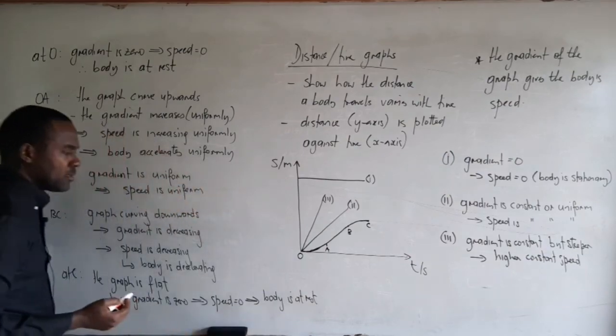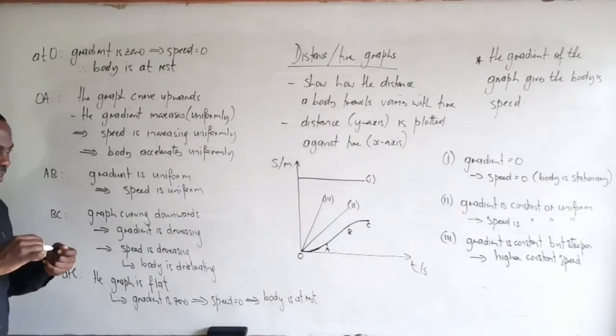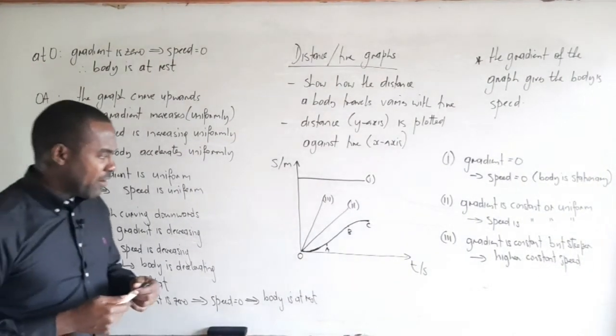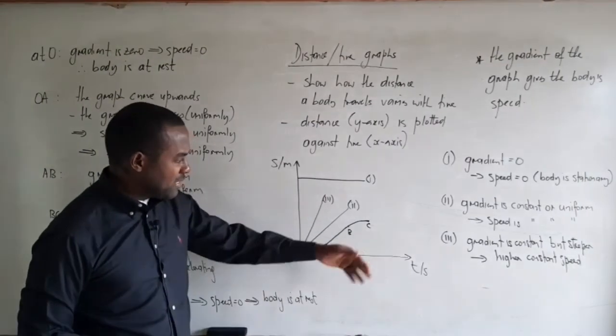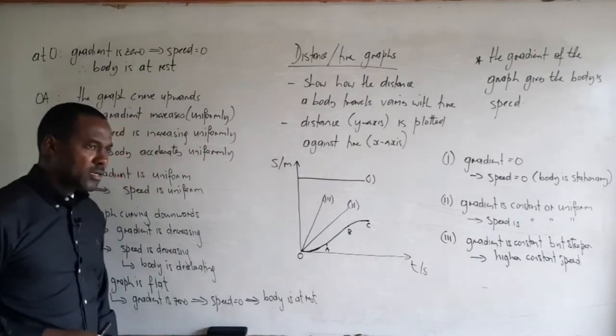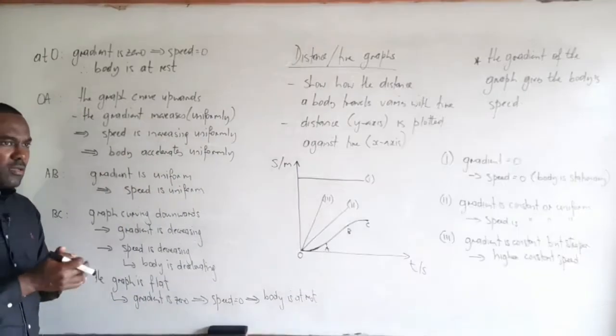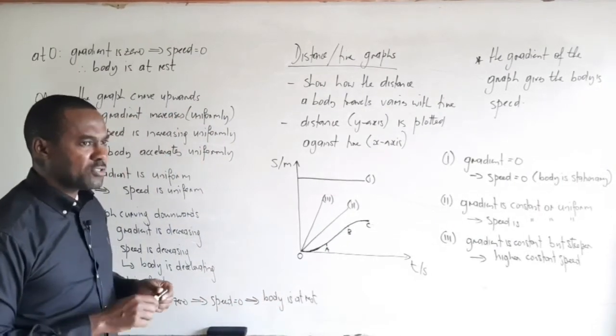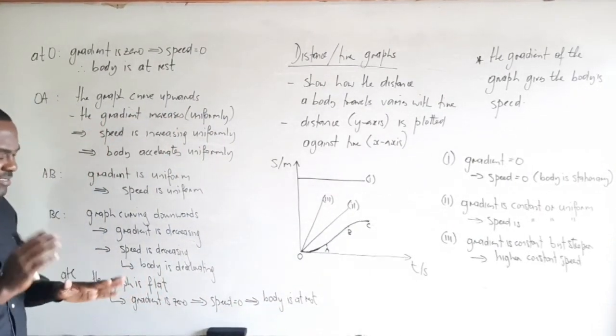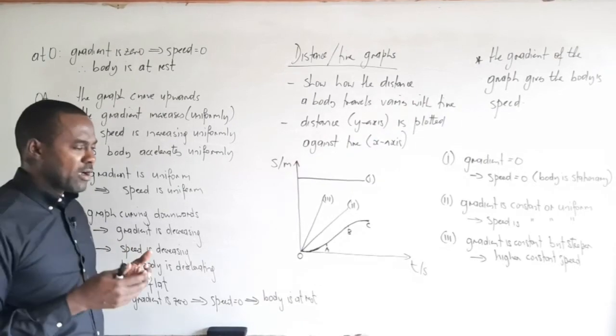Right? So this basically analyzes the motion of the body whose graph is represented by the curve OABC. So once again, we used the body's distance time graph to analyze its motion by examining the gradient of the graph.